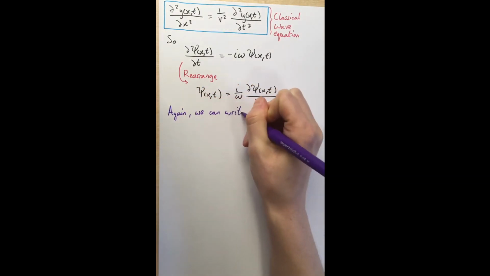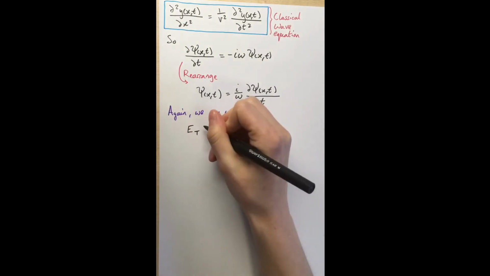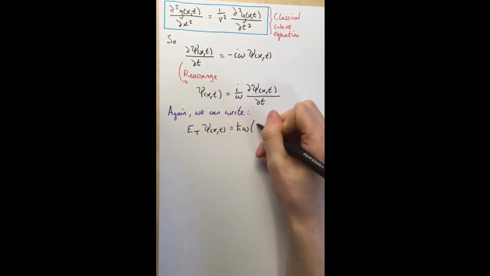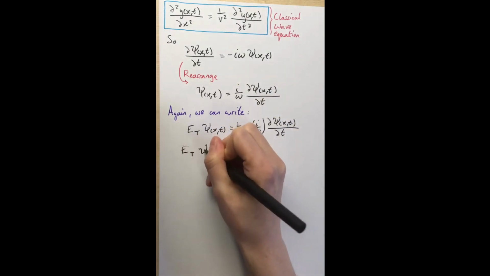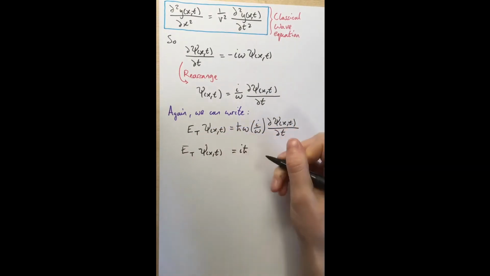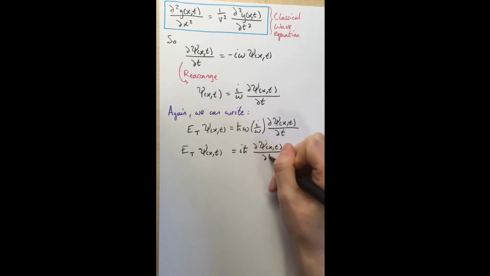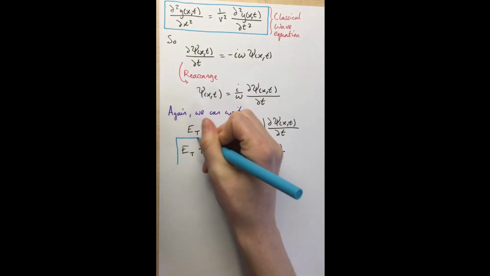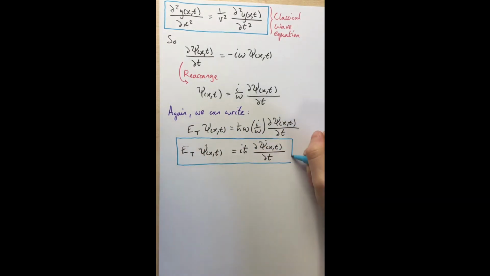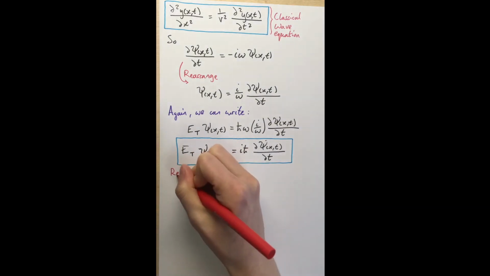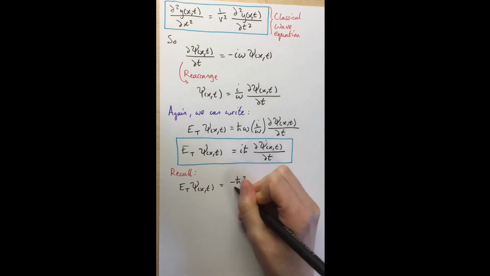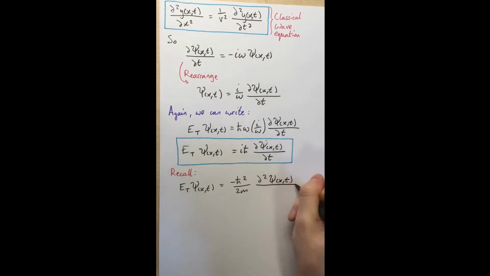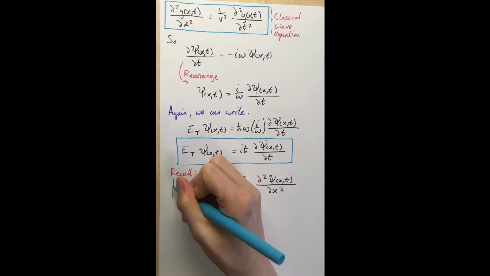So now we can write our second expression for the total energy times the wave function, this time in terms of the time derivative. And we can rewrite the other expression that we found for the total energy times the wave function in terms of the second derivative with respect to position.